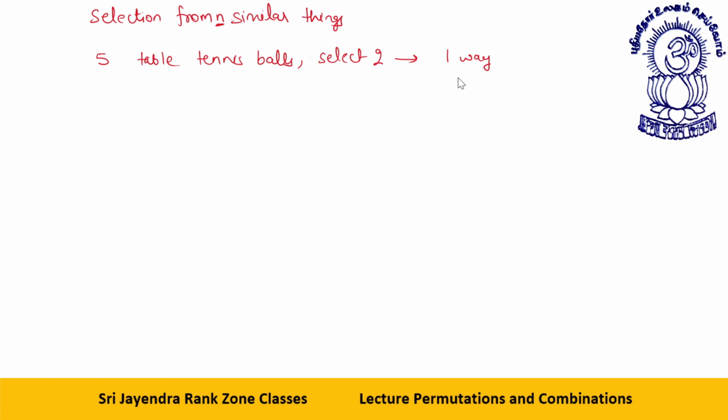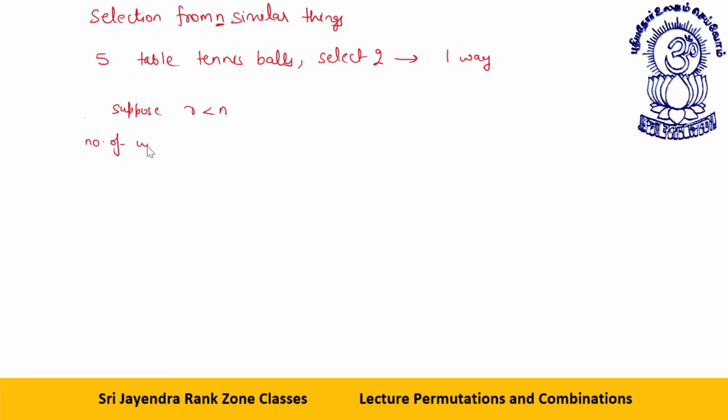So the thing is, when you have n similar things, you want to select r things. Suppose r is less than n.